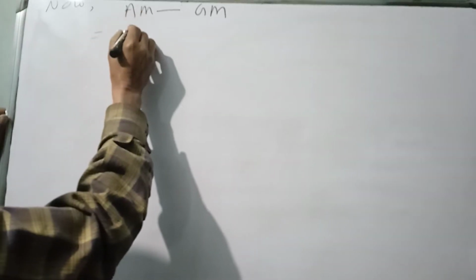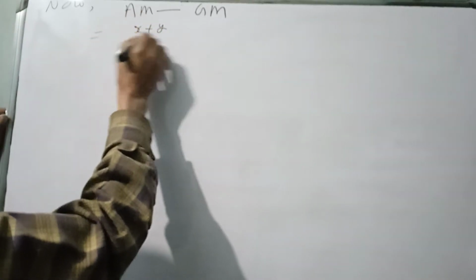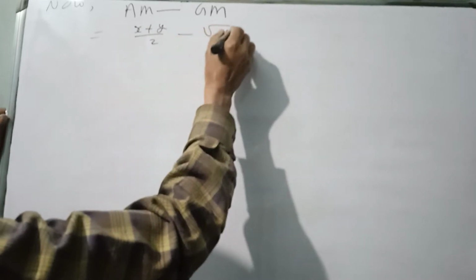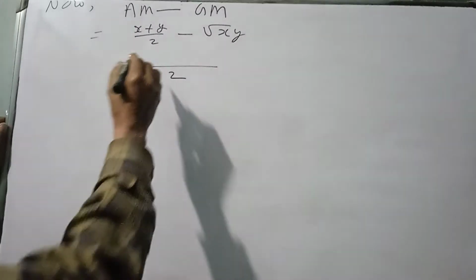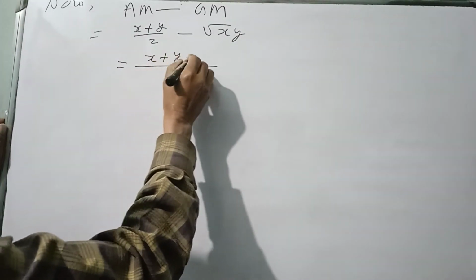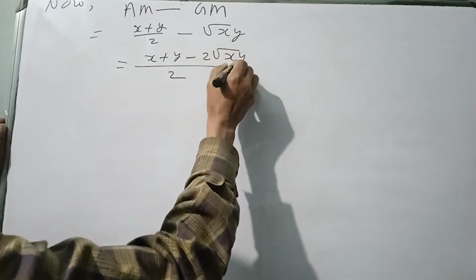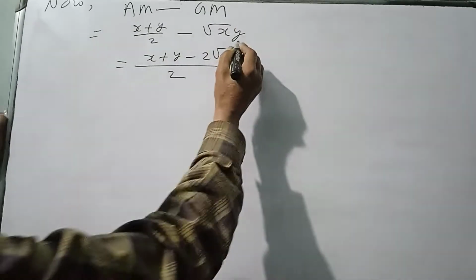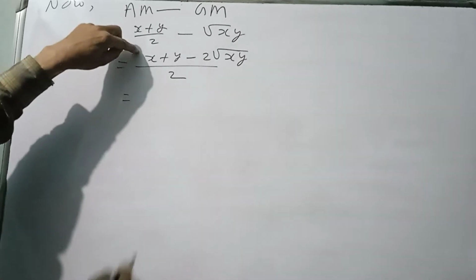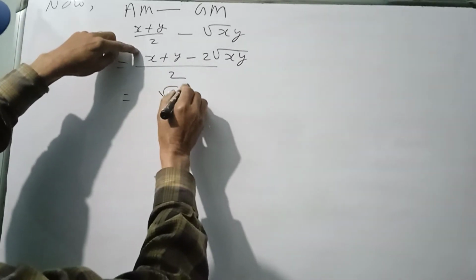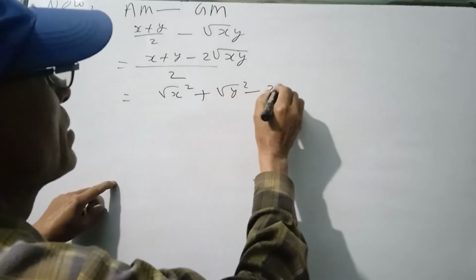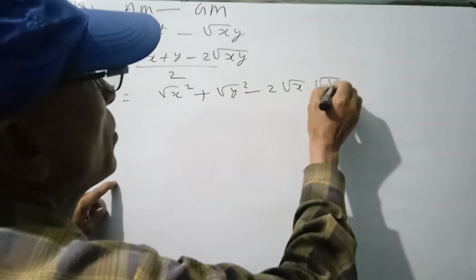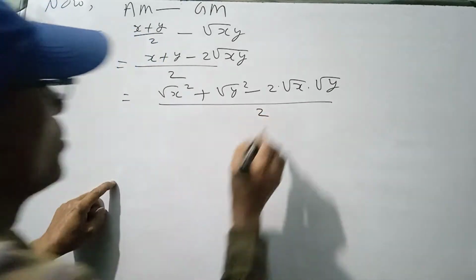But AM, x plus y upon 2, minus root xy equals, take LCM 2, then x plus y minus 2 root xy. Take LCM. x can be written as root x whole square plus root y whole square minus twice root x into root y, upon 2.